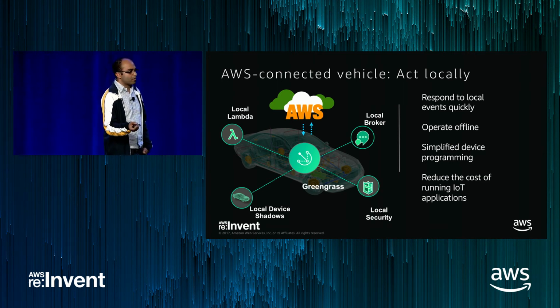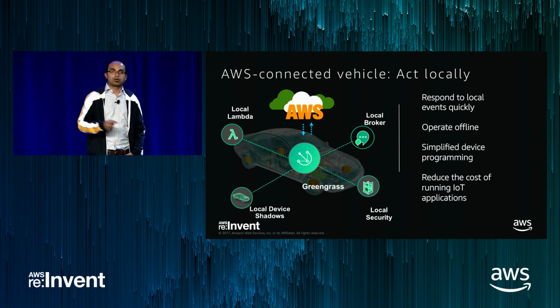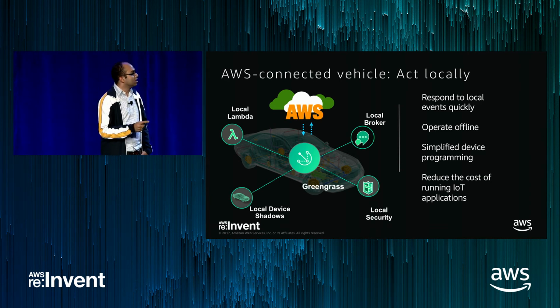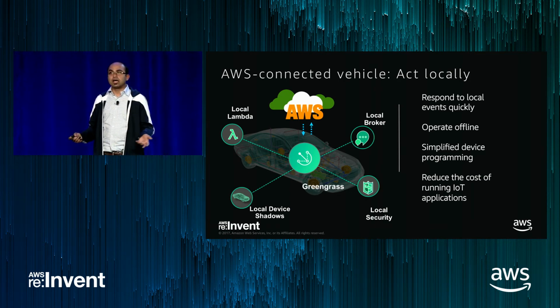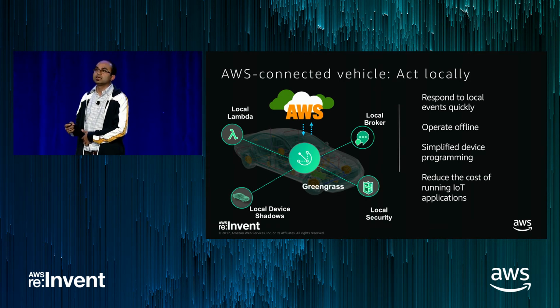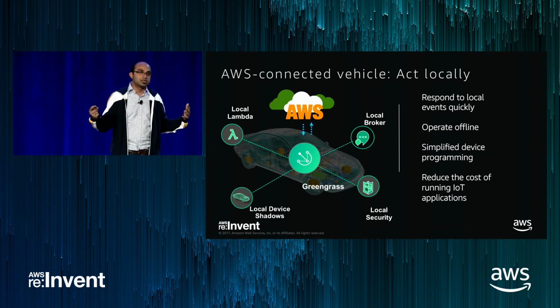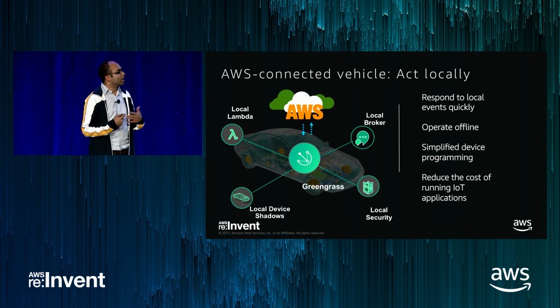With Greengrass, what we get is a local broker that manages these Lambda functions. We can have local user Lambda functions that are doing tasks, whether it's extracting things from sensors or sensor fusion, and so on.